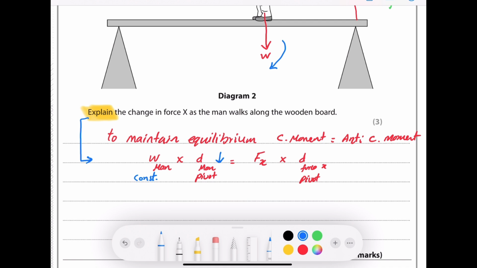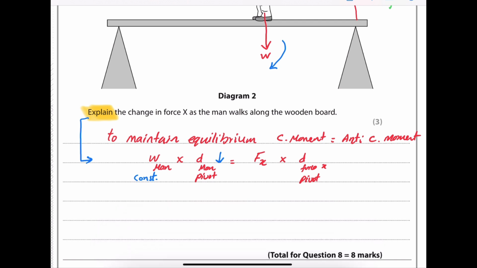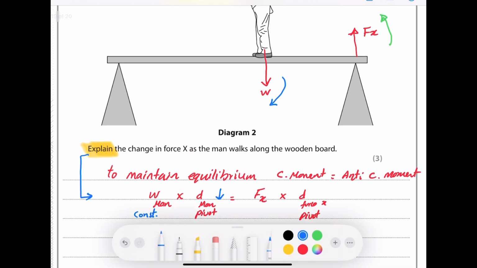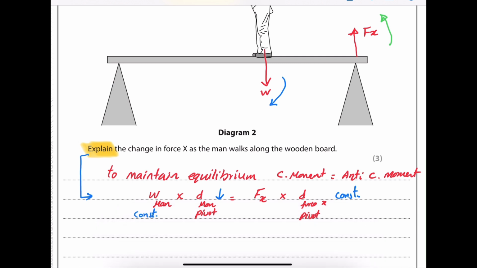Then what happened to the other side? Do you think there is a change in the position or the line of action of the force X with the pivot? No, there is no change. So at the other side, this one is constant as well. Whatever decreases or increases at one side, directly you have to see the same change at the other side to maintain equilibrium or balance, a kind of equality.